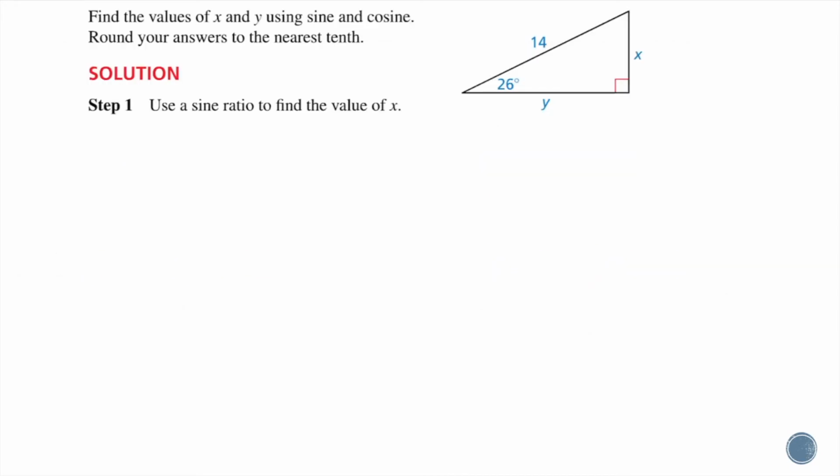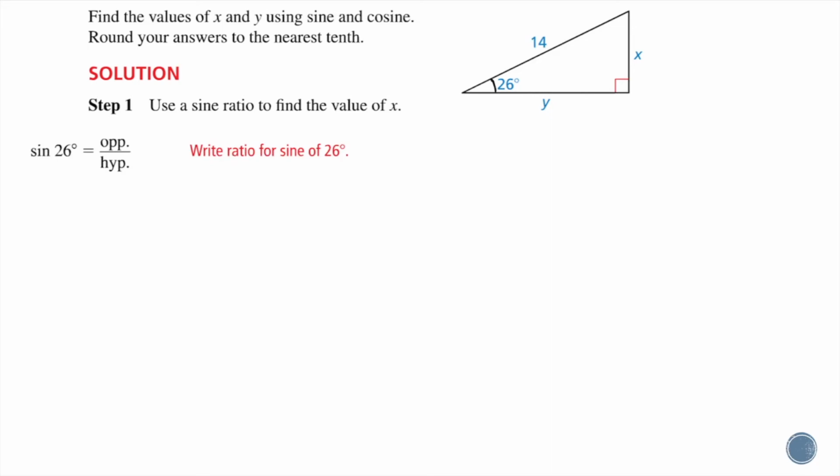Now what if we don't have the sides, but we have an angle? Before, we were given an arbitrary angle, and we were asking you to find the ratio. However, we're going to use the trig functions to find out the side lengths. So before we do that, we have to write it out.